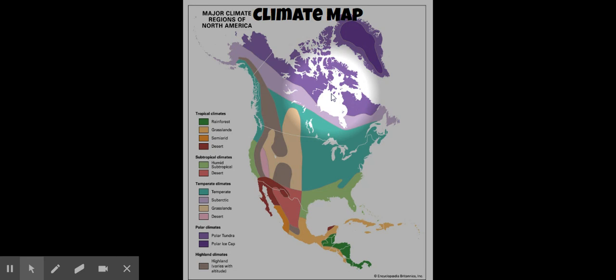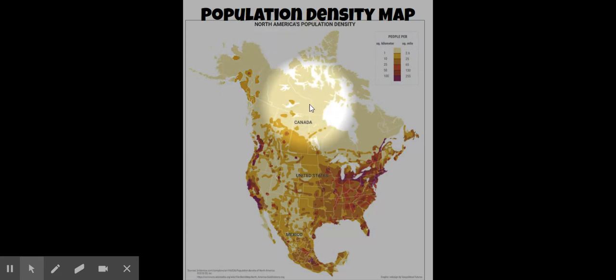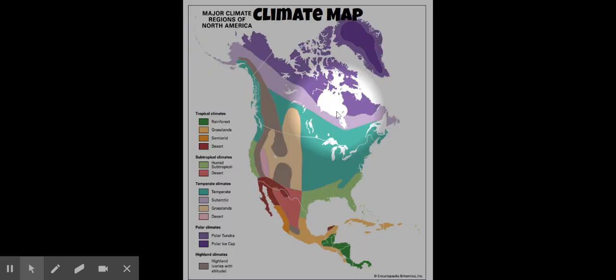Now, if we flip back to the population density map and the physical map, we can conclude that there are fewer people living up there because it is much colder and a harsher climate. We could also conclude that there will be fewer people living in the mountain areas because of that mountainous geography.